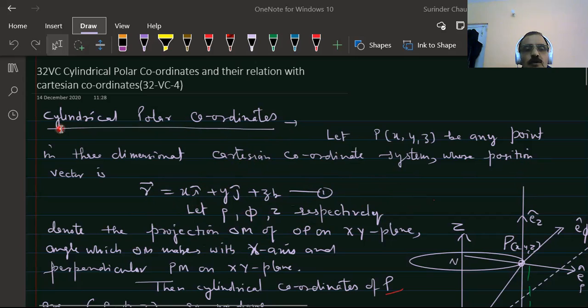So let's derive the equation for the gradient, curl, divergence, and Laplacian operator in the cylindrical polar coordinates.